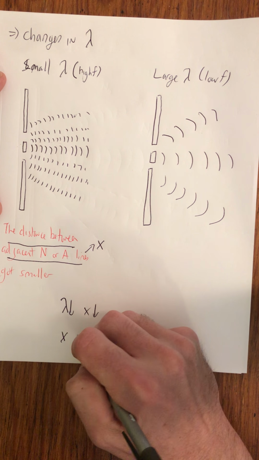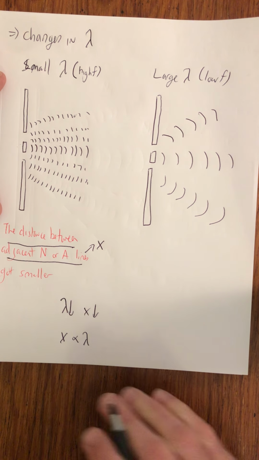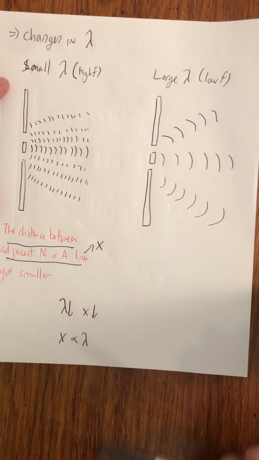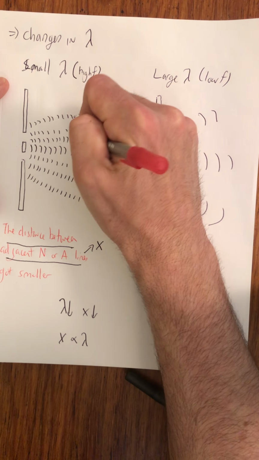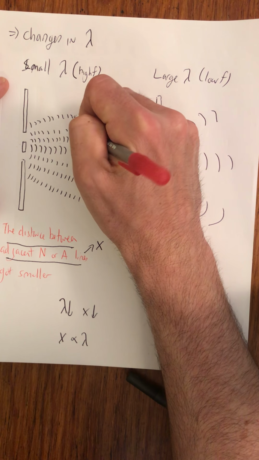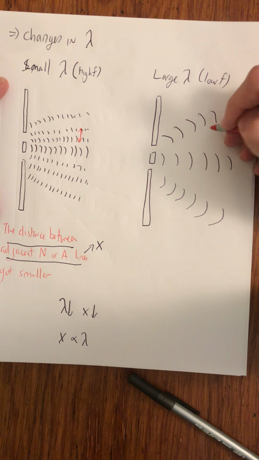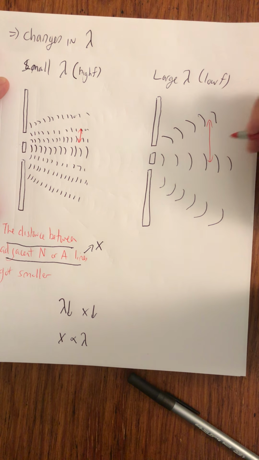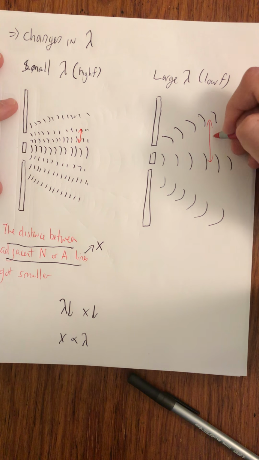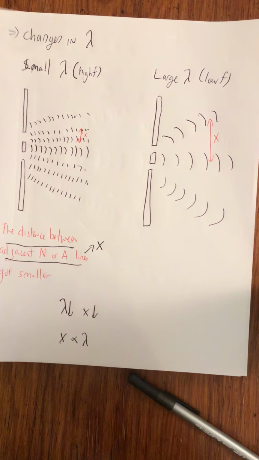So we're going to see a direct relationship between those things. So x would be from here to here or here to here. And we can talk about measuring x a little bit later.